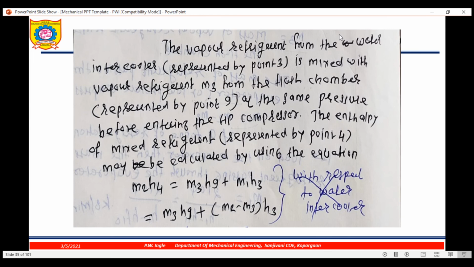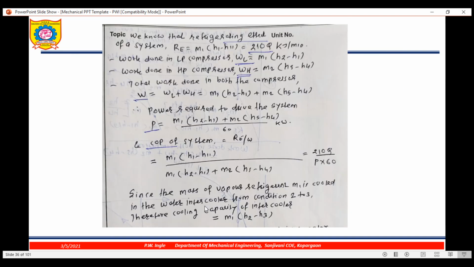The vapor refrigerant from the water intercooler is mixed with the vapor refrigerant M3 at the flash chamber at the same pressure. So therefore M2 into H4 equal to M3 into H9 plus M1 into H3. Okay.